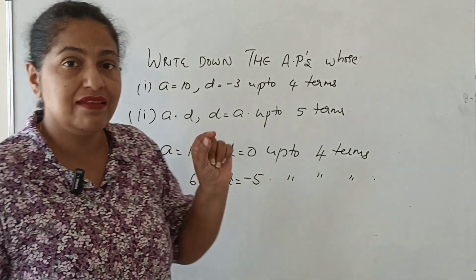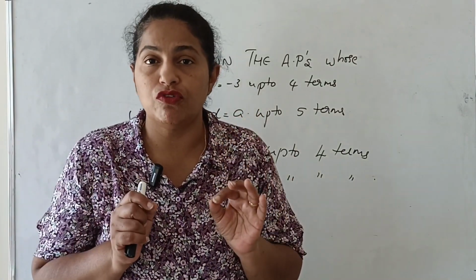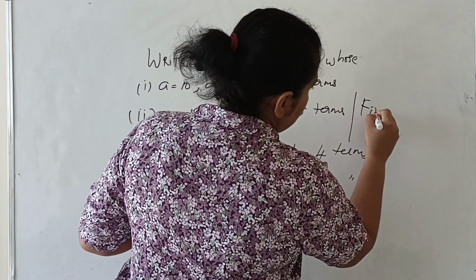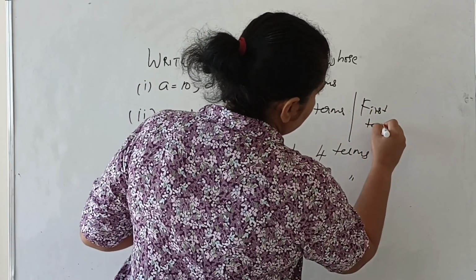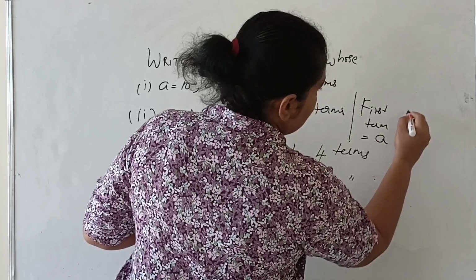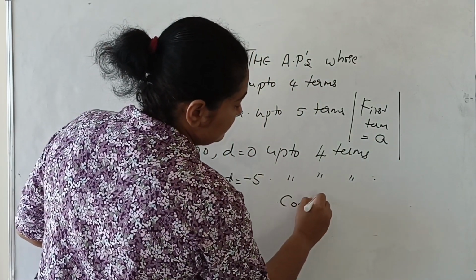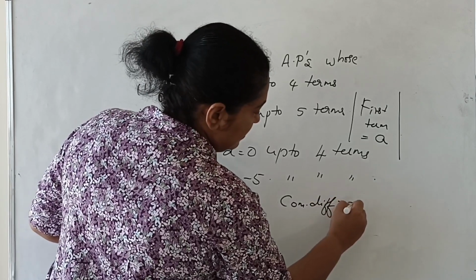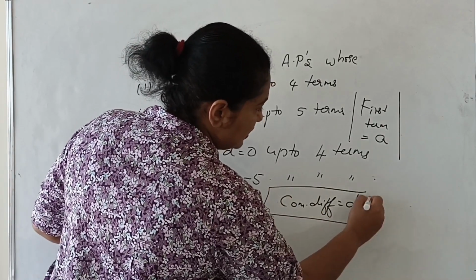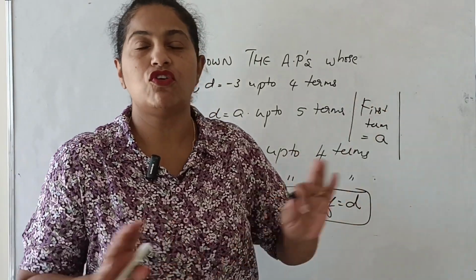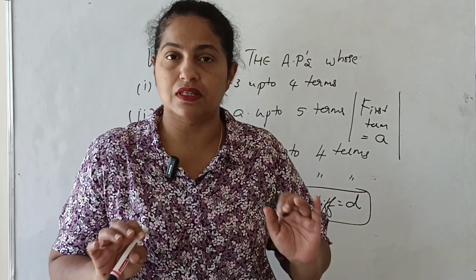A is the variable that is used to represent the first term. So, in any arithmetic progression, the first term is represented by A. Okay? And the common difference is represented by small letter D. Please remember all these things because this is what normally appears in the questions.